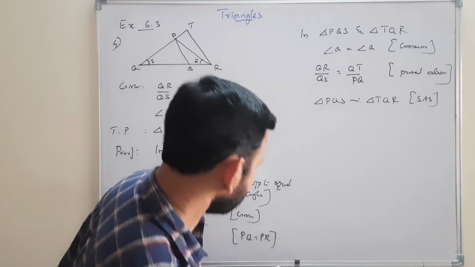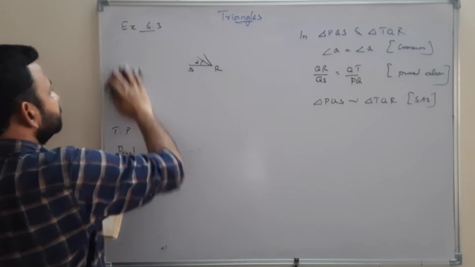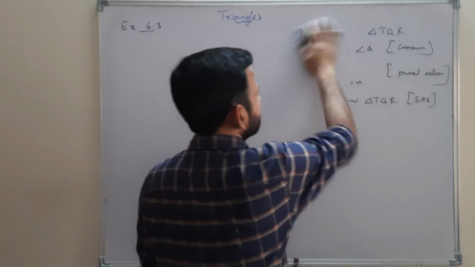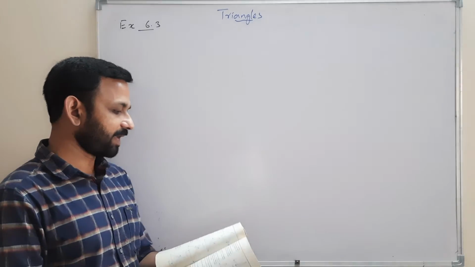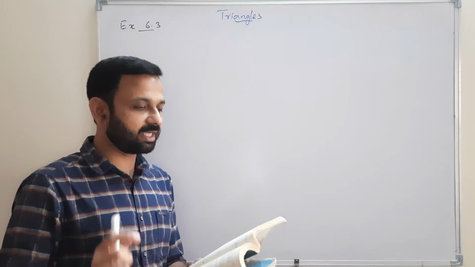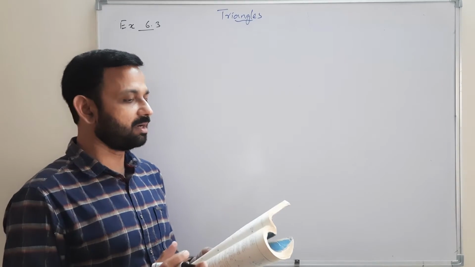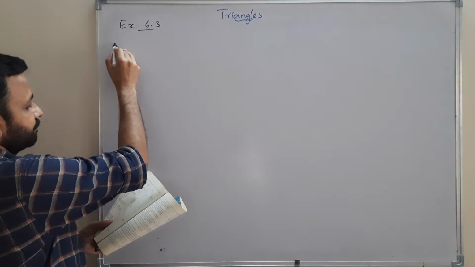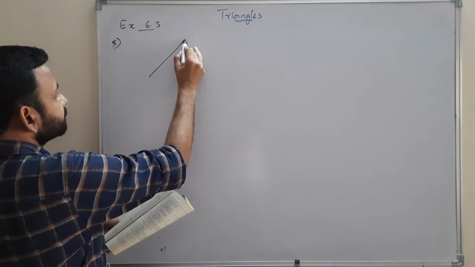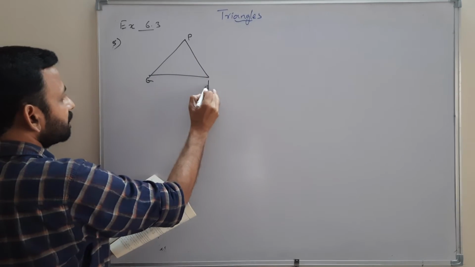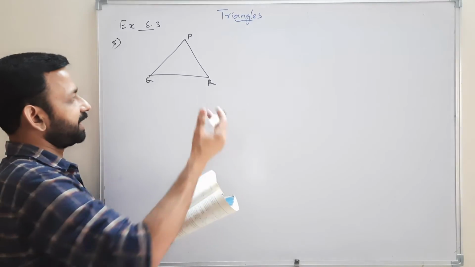Now we will do question number 5. Here it's given, triangle PQR, and S and T are points on its sides.